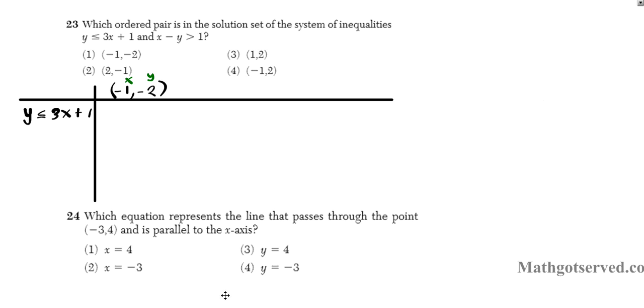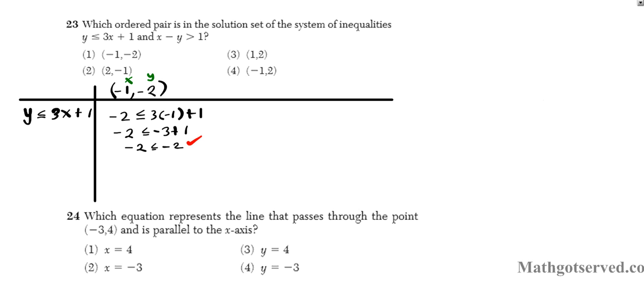The question is, is -2 less than or equal to 3 times -1 plus 1? Let's simplify. Is -2 less than or equal to -3 plus 1, which is -2? So -2 is equal to -2, so the equal component of this inequality holds, hence the statement is true.